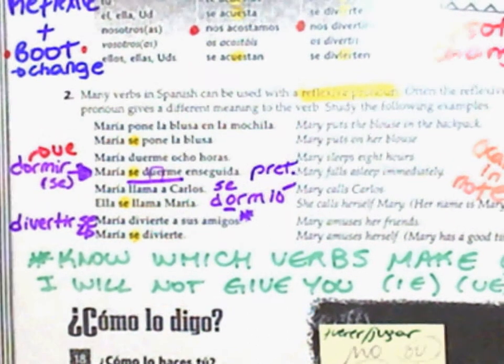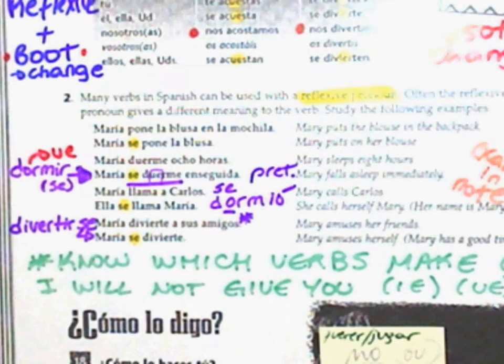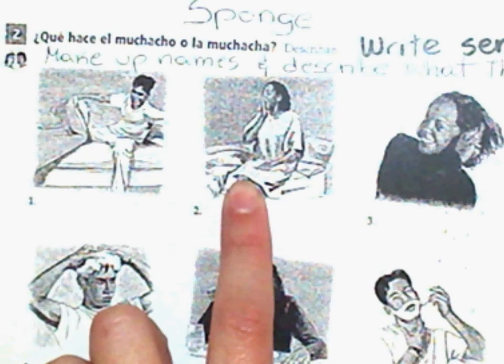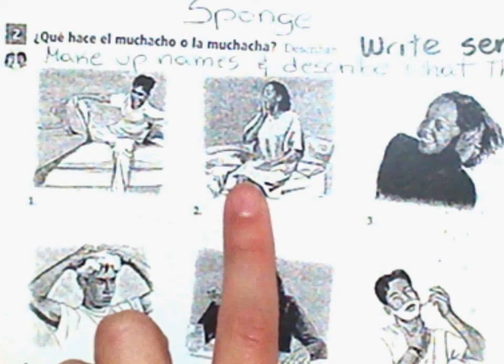Okay. I want to go back to yesterday's sponge that we talked about that had a couple of pictures that we were labeling. And on those pictures, if you remember, we had this girl right here. She was, technically she's yawning, so she could be going to bed or she could be waking up.